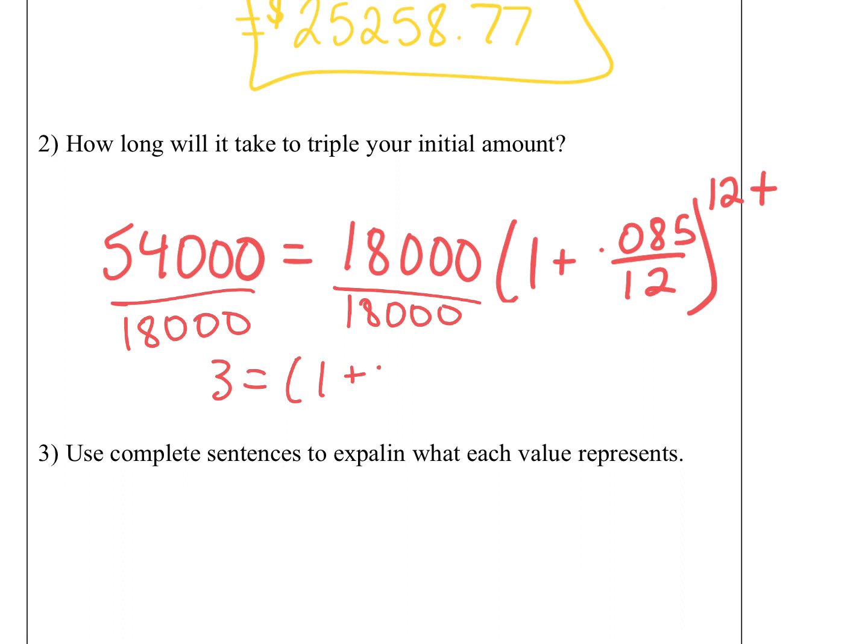Could we simplify that? Yeah, what is 1 plus 0.085 divided by 12? 1.007 to the 12t.